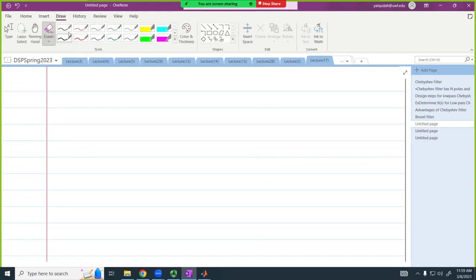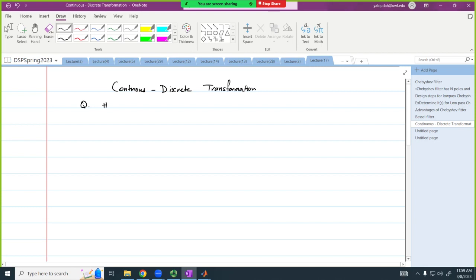Which is how we're going to take this continuous filter and convert it to a discrete one, a transformation. So the question is how to transform H(s) to a discrete filter that is going to be H(z).